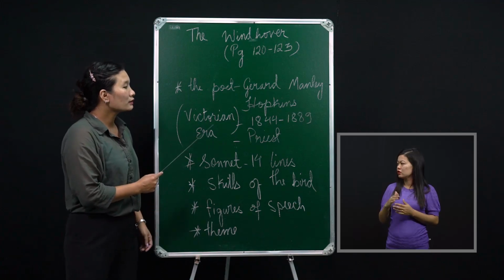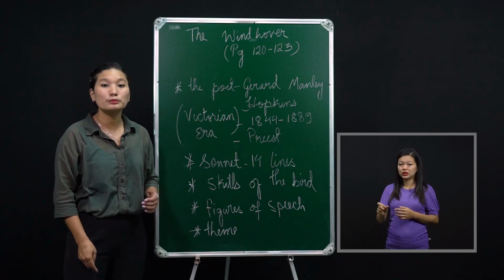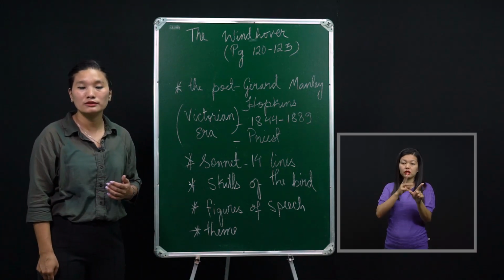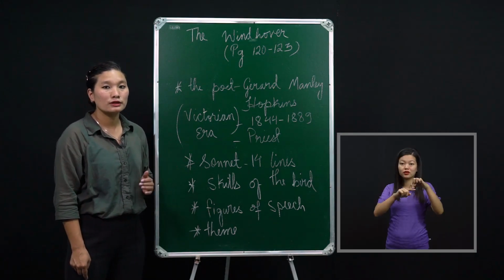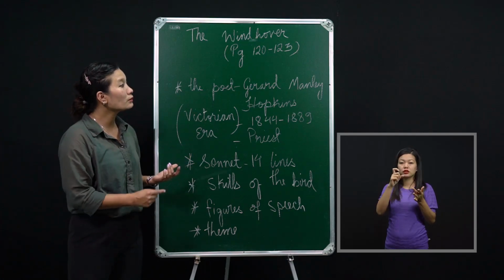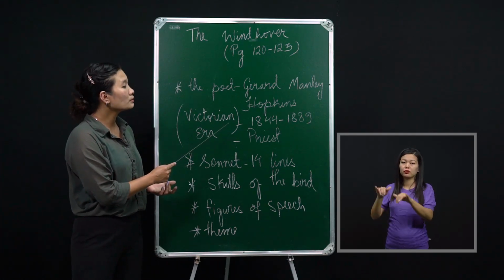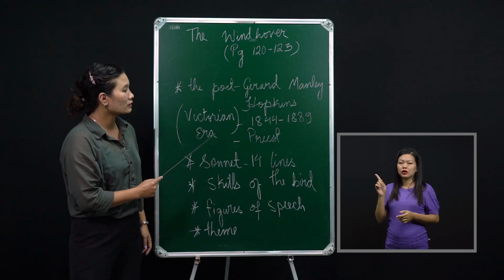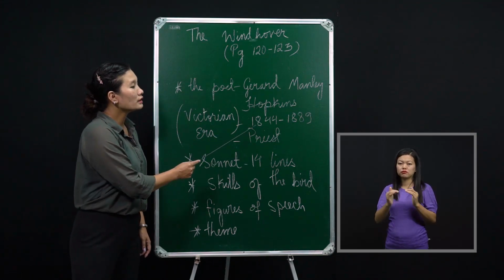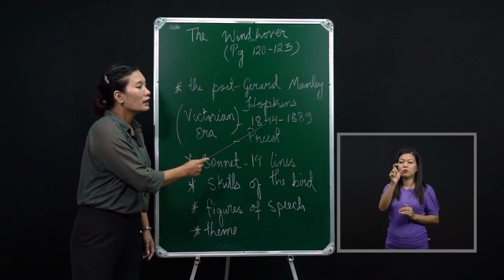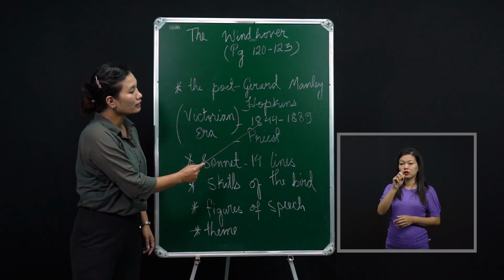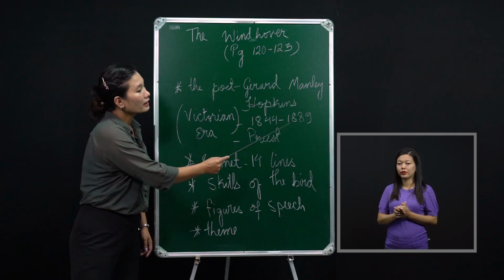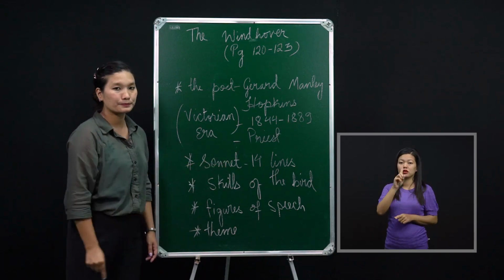When I say Victorian era, it does not necessarily have to be during the time when Queen Victoria reigned, but there are certain ages given for the literature, and so he was considered one of the greatest poets and writers of the Victorian era. He was born in the year 1844 and died in the year 1889. I repeat, born in 1844 and died in 1889.